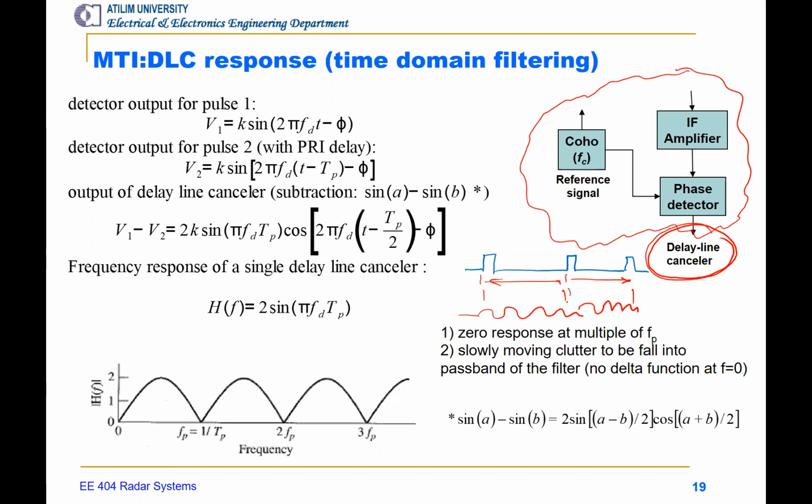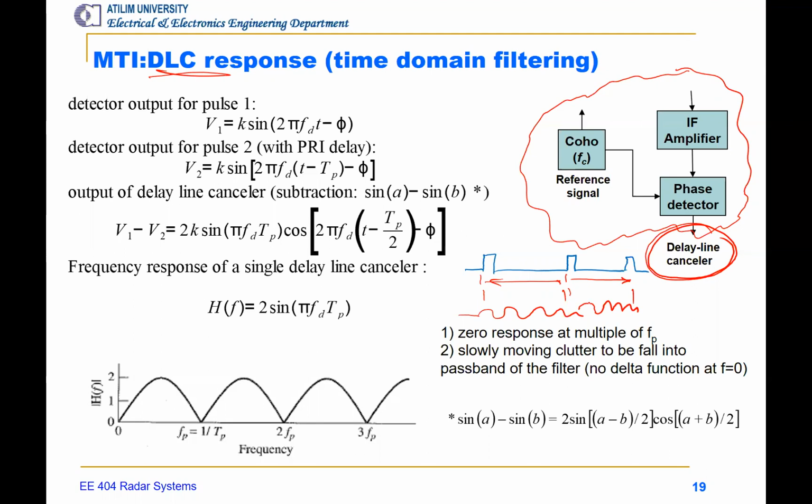Now measure the phase variation over this signal, not amplitude, phase variation. And then, as we have shown previously, heterodyning process, mixer, low pass filter, at the output of the low pass filter, we subtract 2 signals and then get the different signal. So this slide shows how to get the time domain filtering, so delay line canceller over these two signals. We have already given some illustration about that.